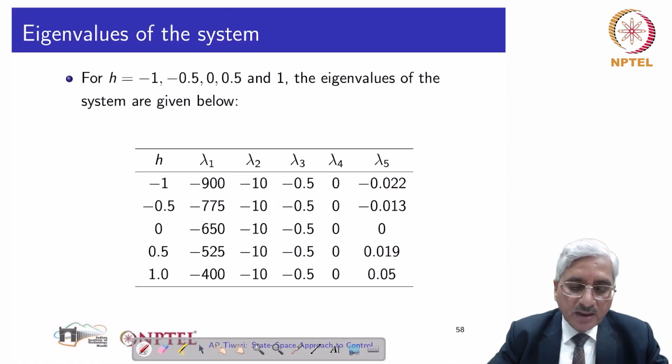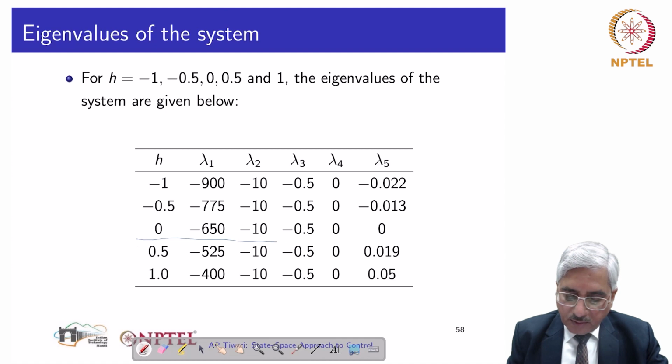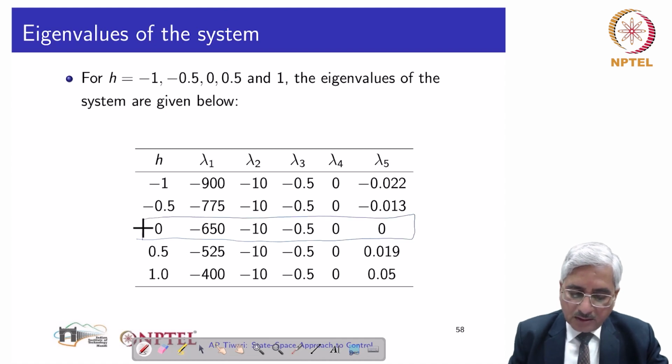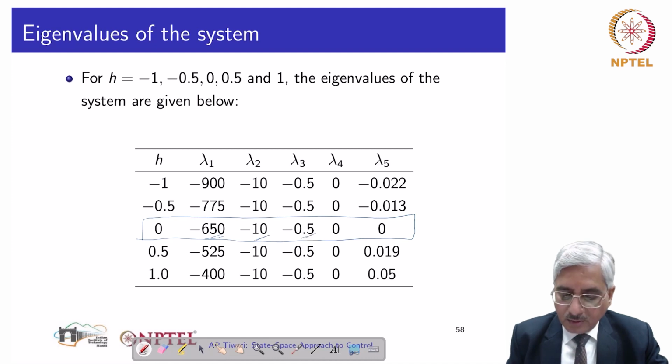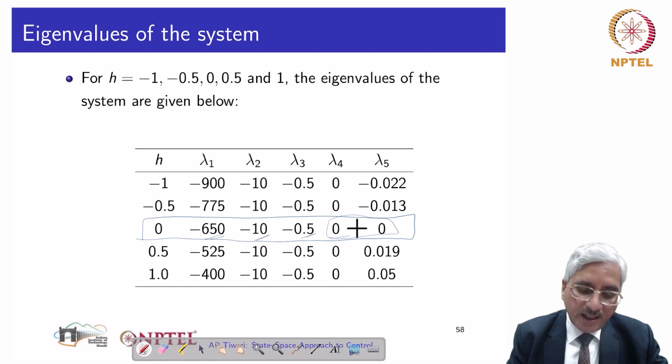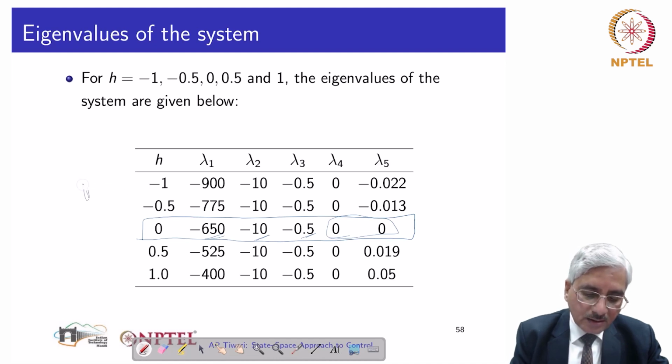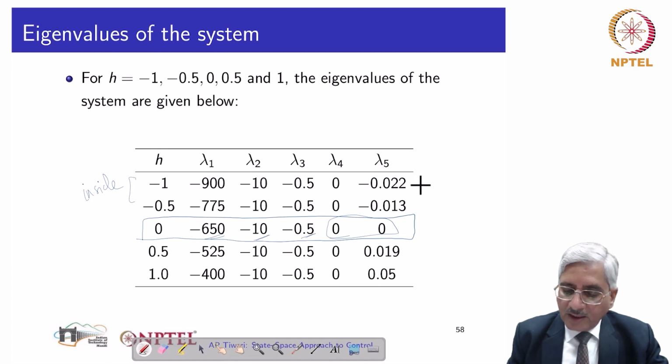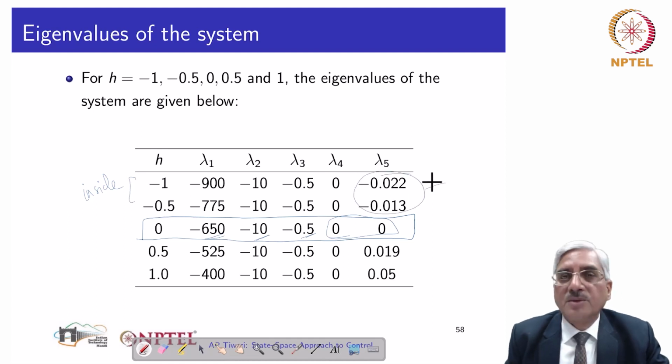Now we first look at the eigenvalues of the system, the differential equations at equilibrium, that equilibrium is H equal to 0. It has one large eigenvalue, this also large, this close to the origin but negative, and two eigenvalues at the origin. If we see the control rod position inside the core, shown negative, one of the eigenvalues from this 0 becomes stable.